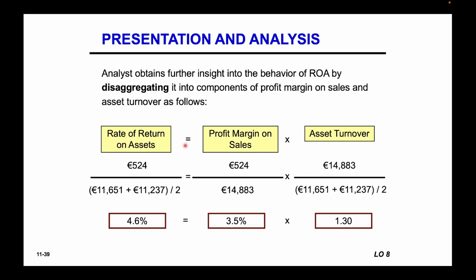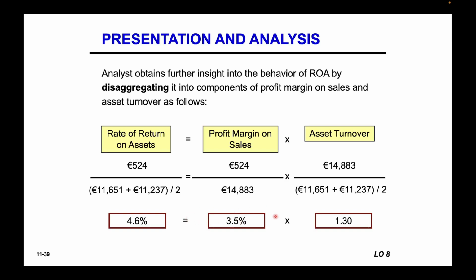Profit margin on sales is net income divided by net sales, which gives us 3.5%, while for asset turnover, we have net sales divided by average total asset, which gives us 1.3. We obtain everything here from our previous slides, but this is just to demonstrate how ROA can be driven by two factors.